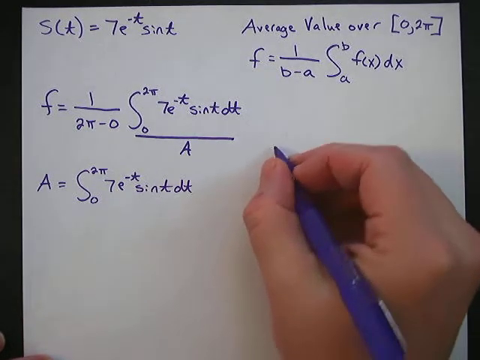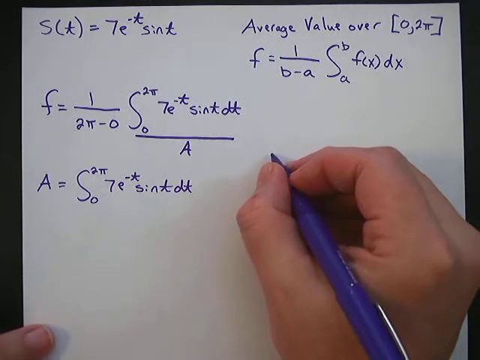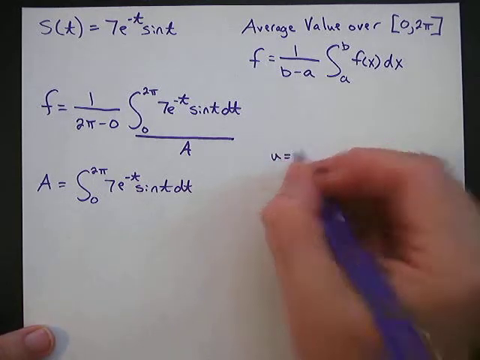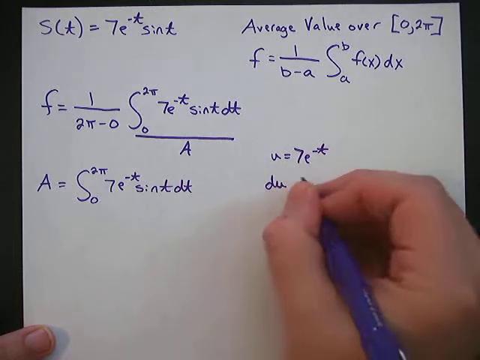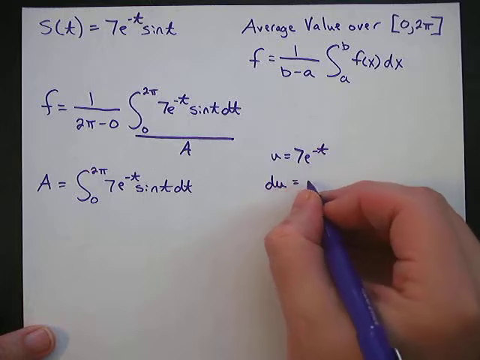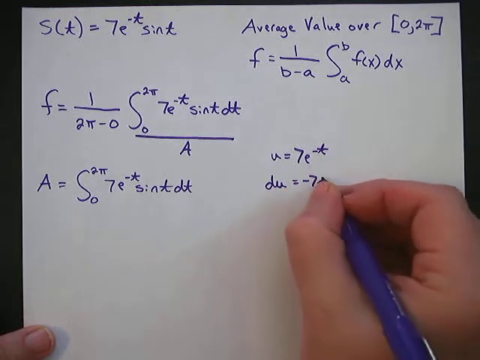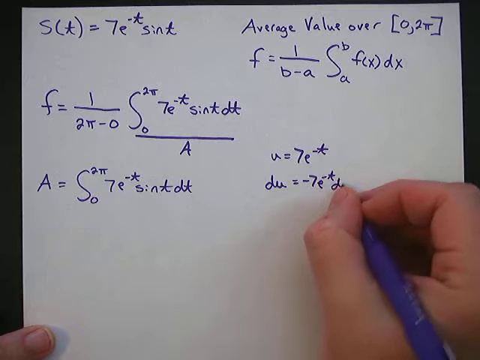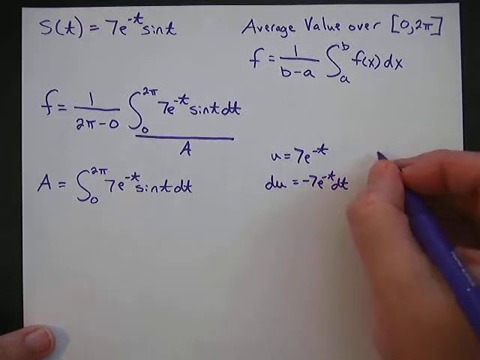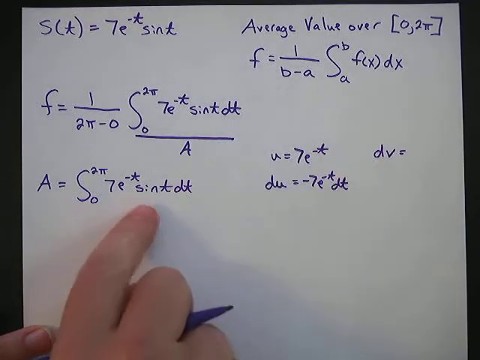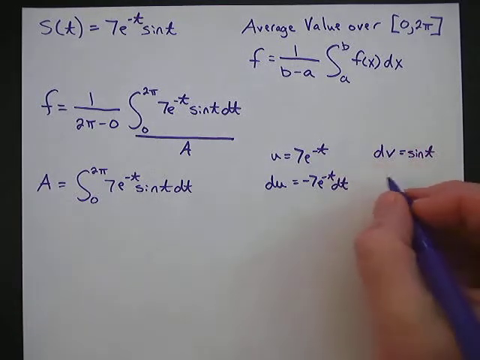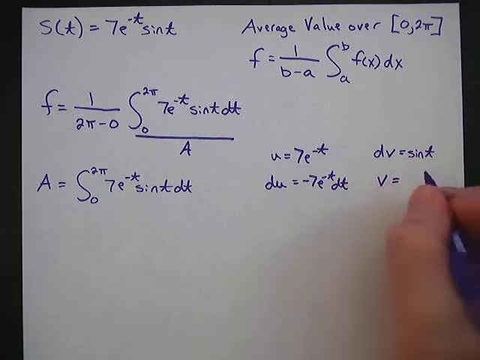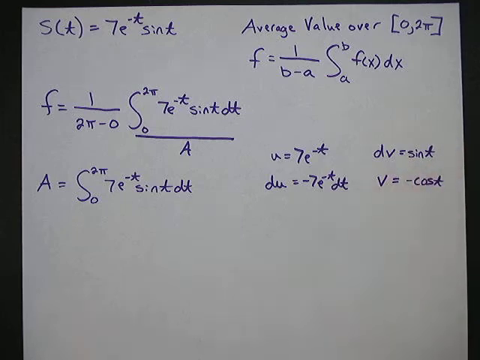So I'm going to say that my u is equal to 7e to the negative t, and du is equal to negative 7e to the negative t dt. And I'll choose my dv to be the sine. So dv is sine of t, which makes my v equal to negative cosine, that's when I take the antiderivative of sine t.